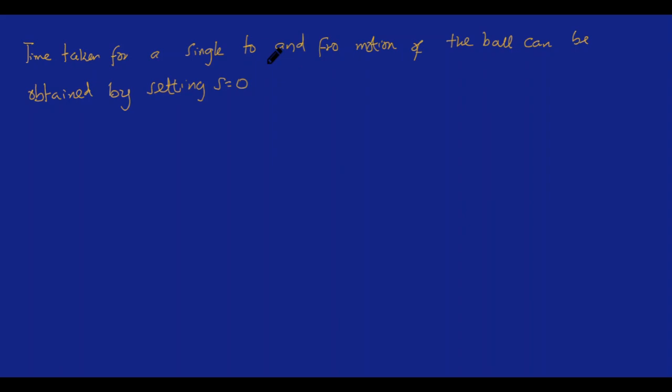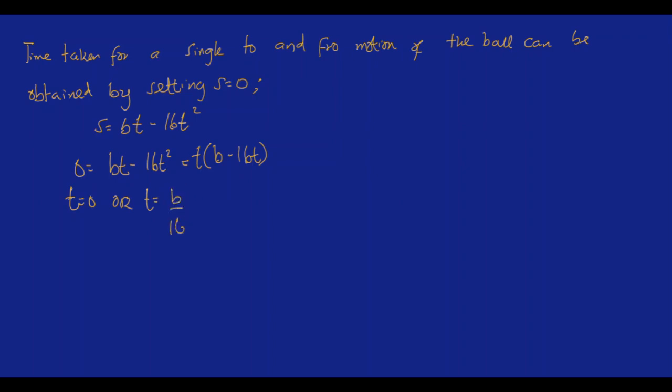So if we set S equal to zero in the function that we've been given, S is equal to bt minus 16t squared, then 0 is equal to bt minus 16t squared. Factorizing t, we have t times (b minus 16t). On solving this, we have t is equal to 0 or t is equal to b divided by 16.